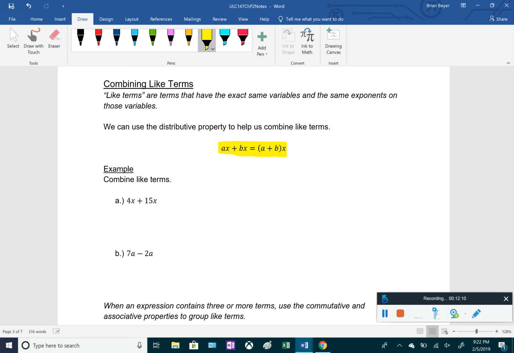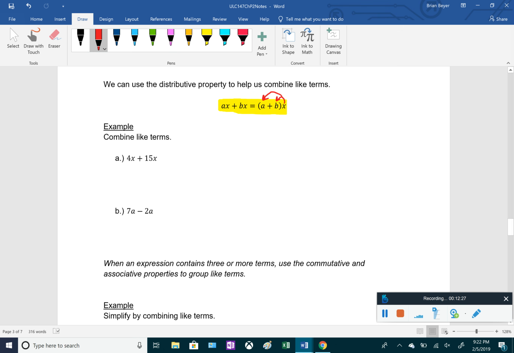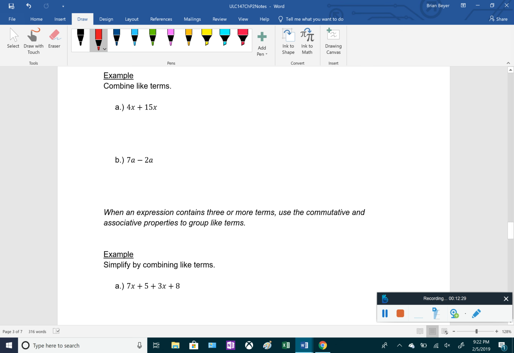So if we have 2 terms, ax plus bx, those are like terms. If we're combining them, we're going to add a and b and then multiply by x. So that would be the distributive property in reverse, because we'd be multiplying this x into both of those terms. We're not always going to think about it like that, but that's how I'll start it off.